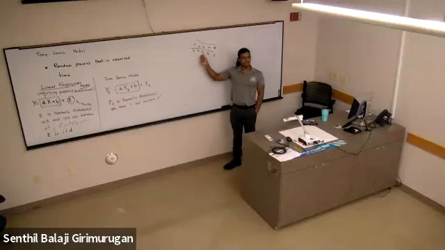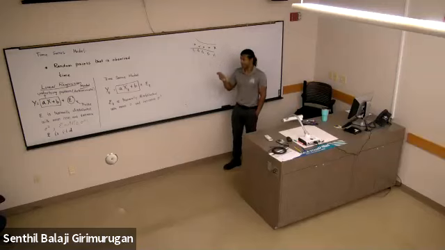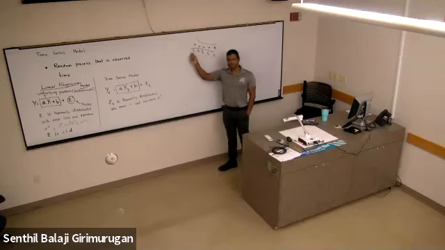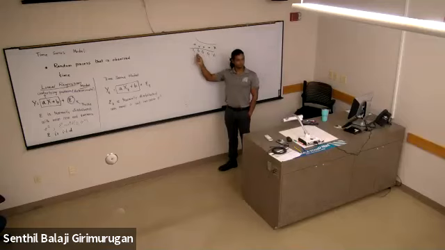Y3 is going to depend on Y2, but in a way, it also depends on Y1, right? If it's dependent on Y2, and Y2 is dependent on Y1, so naturally yes. Y4 is going to depend on Y3. Y5 is going to depend on Y4, and so forth.